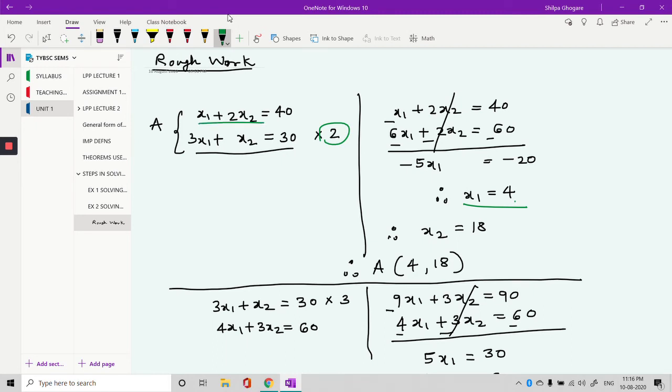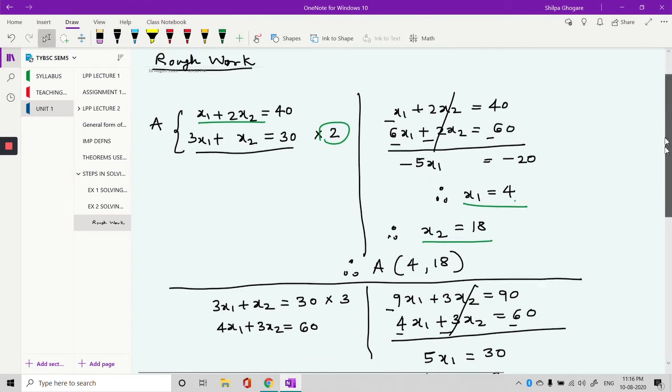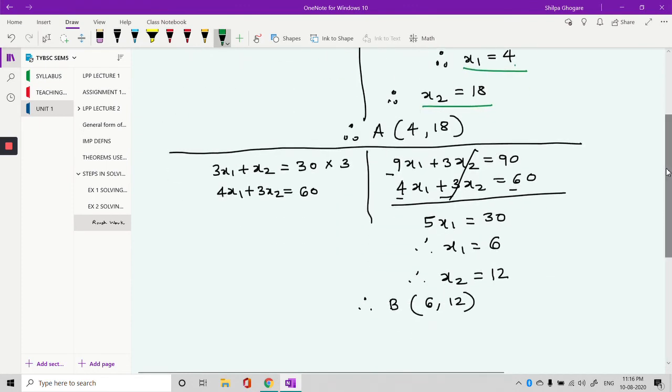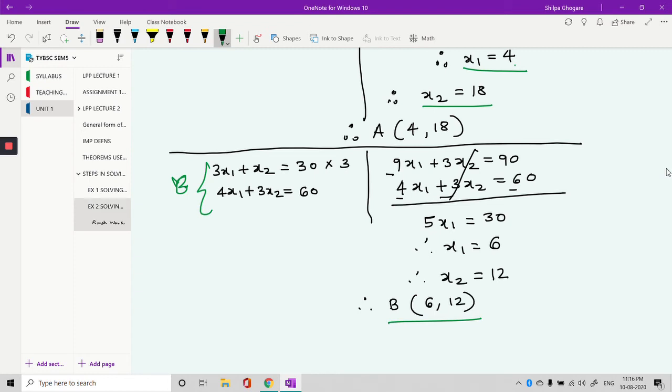In a similar manner, I will get point B. These two equations give me point B. I'm solving the two equations simultaneously, and I'm getting point B as 6, 12. So A is 4, 18 and B is 6, 12.